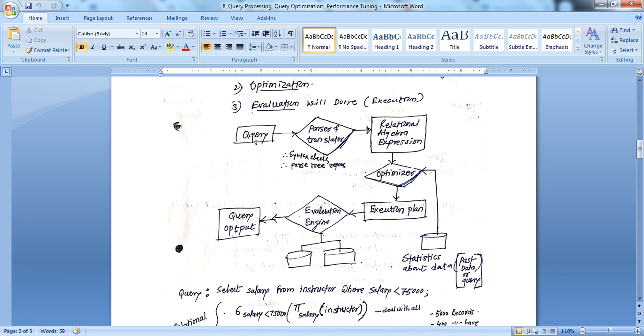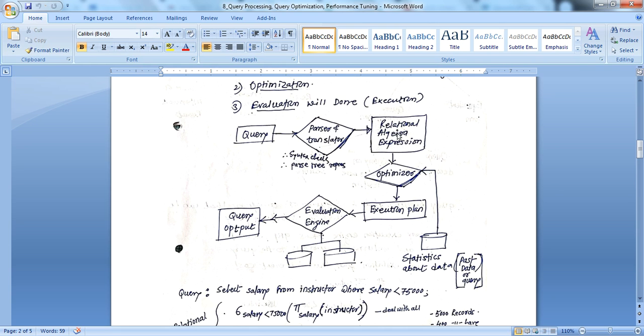When we write the query or run the query, it goes first to the parser and translator. It checks the syntax, and if there is an error, it gives an error. Then it creates the parse tree, and next it generates the relational algebra expression.